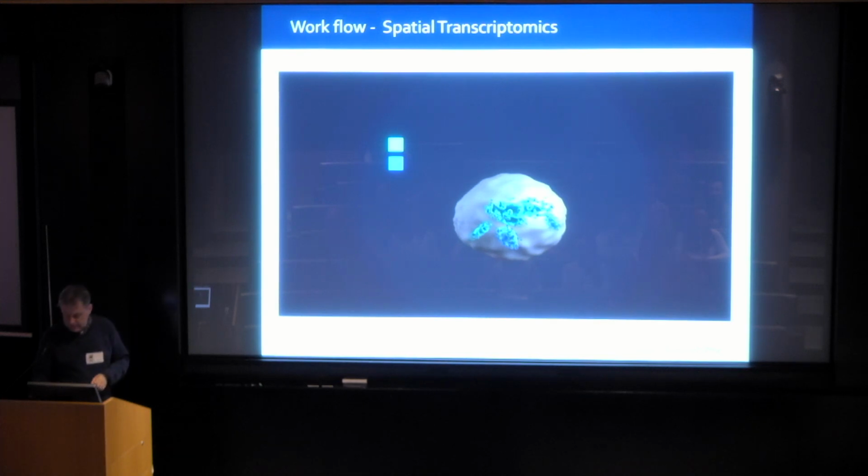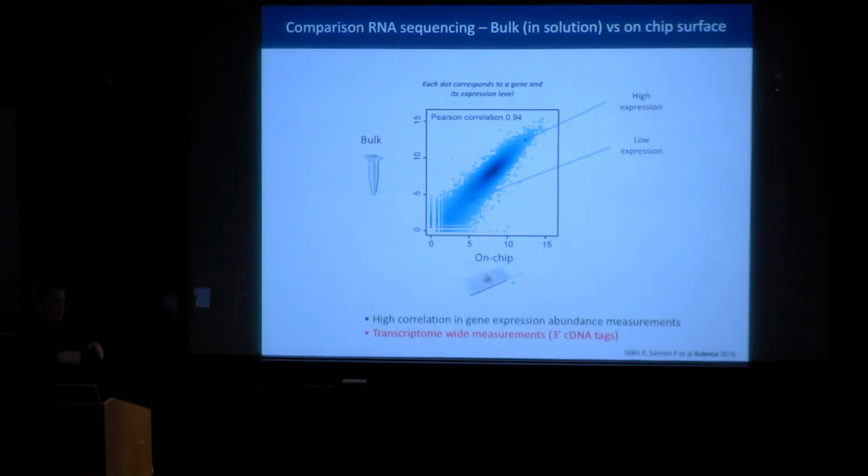Some basic tech stuff. Well, how does this type of analysis look if you compare it to doing a bulk? Well, if you combine all the spatial information into a bulk sample, you get this type of on-chip data, and you compare it to a bulk, we could actually see a very good correlation over the gene expression space.